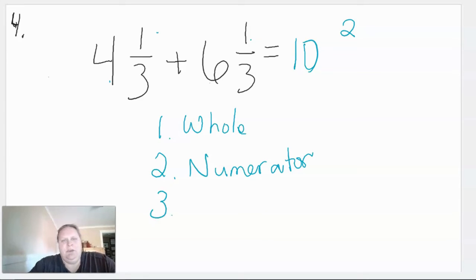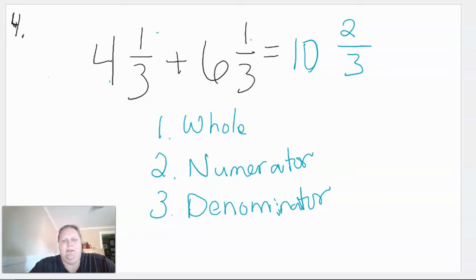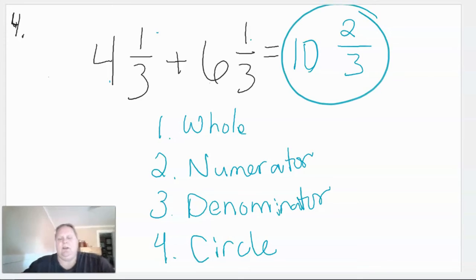What's the next thing we do? Denominator. 3. And the last thing we do? Circle our answer.